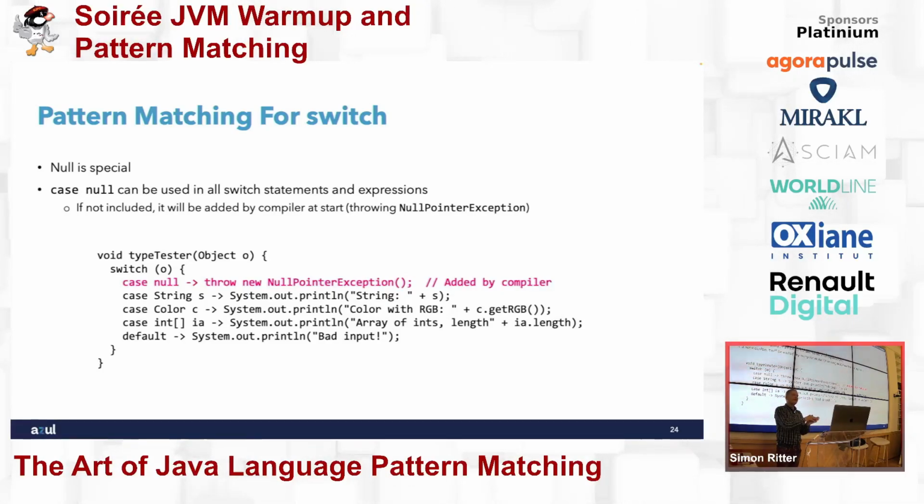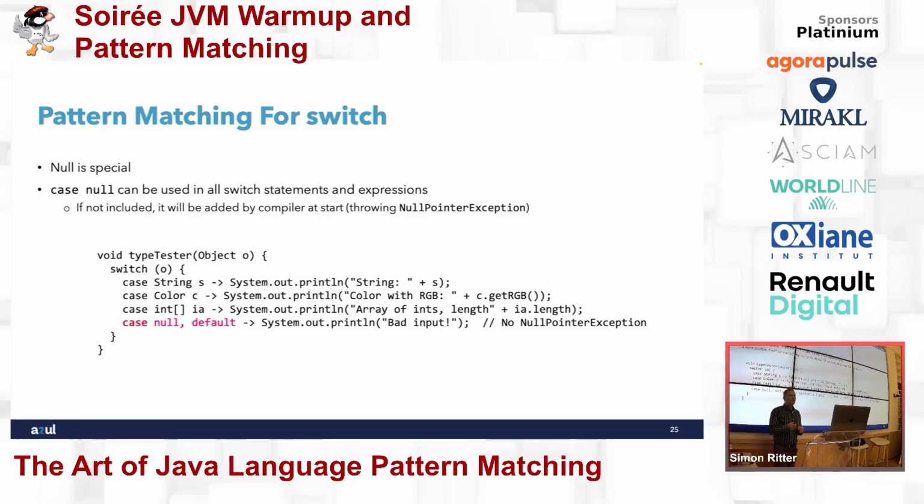So it behaves in exactly the same way that it did before, but it's allowing for the insertion of a null case if you want to. Now, the interesting thing as well is that because we now have this comma-separated list ability in the switch, we can also say that we want to handle a null reference in the same way that we do a default, where we have got something other than the types that we've already listed.